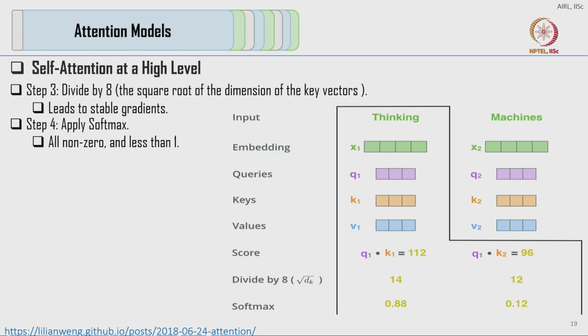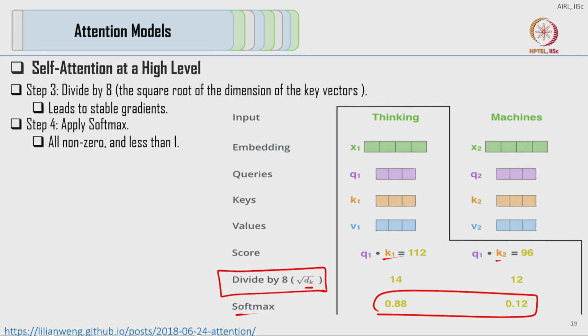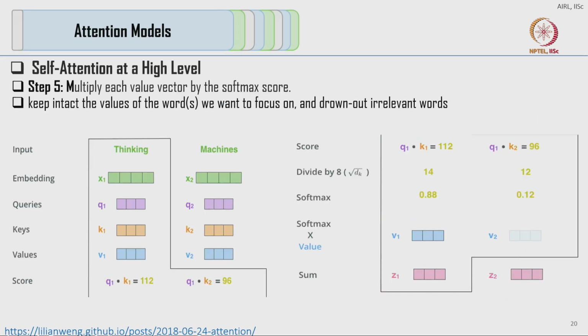Now the next step is to divide it by the square root of 8, which is essentially just the dimension of the keys. Once we do that, we apply the softmax to convert this into a normalized version. Lastly, once we have the score which we obtained from generating the softmax of q and k, which is query and key, finally we multiply this with the respective values as well.